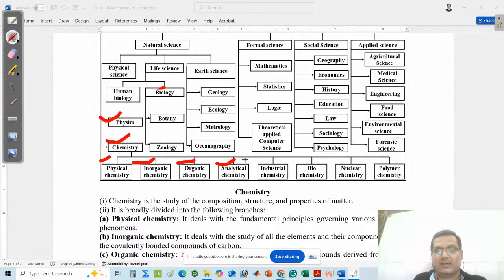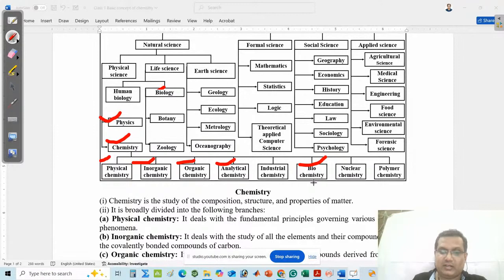Next is analytical chemistry, said to be Vishleshanatmaka Rasayana. Next is industrial chemistry. You know that the Odia meaning of industry is Audiga, so industrial chemistry is simply called Audiga Rasayana. Next is biochemistry.